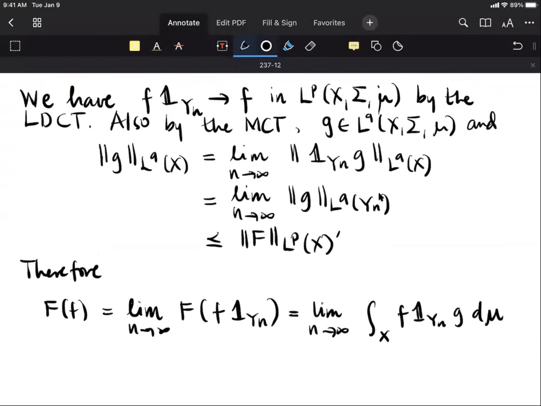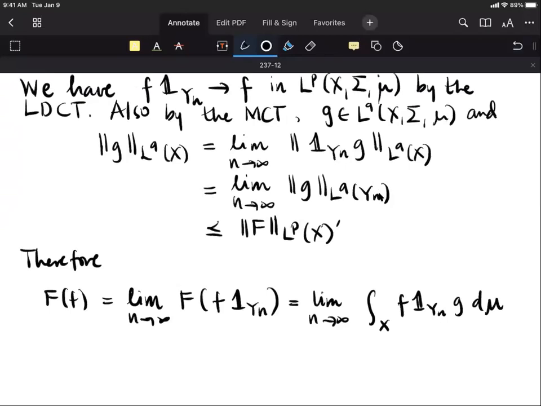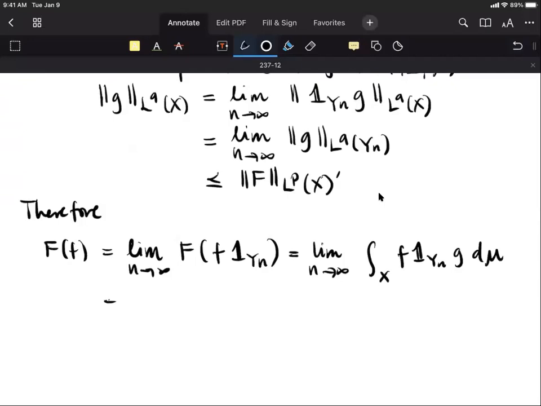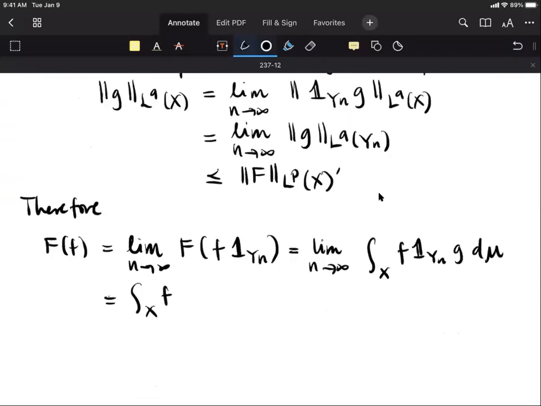Since you have the convergence of this in LP and G is in LQ, you can apply Holder's inequality to show that this, now without the limit, is the integral of f G d mu, which is by definition the linear map J of G of f.